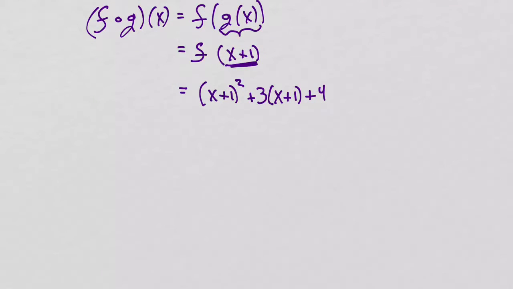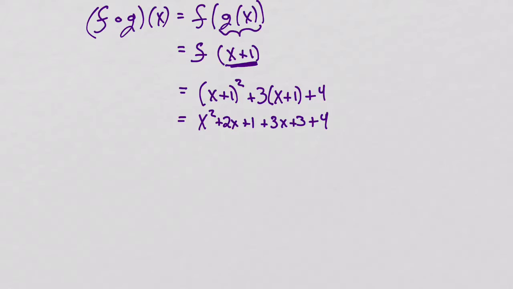Now you're not allowed to leave it like this. You need to go ahead and simplify it. So you'd want to FOIL the x plus 1 squared or do the box method. I don't care as long as you get the right answer. When you do that, you end up getting x squared plus 2x plus 1. Of course, then we do plus, distribute your 3. We get 3x plus 3 plus 4.